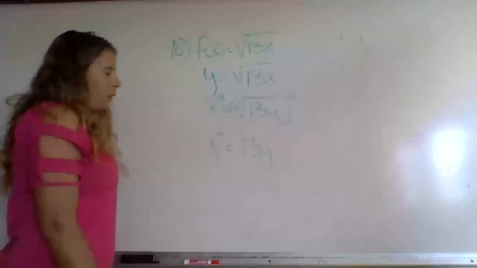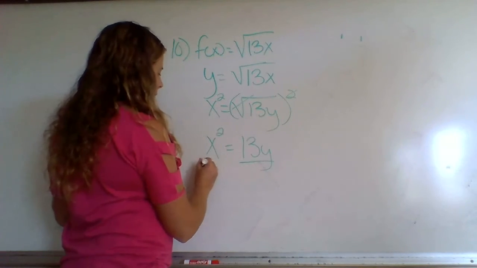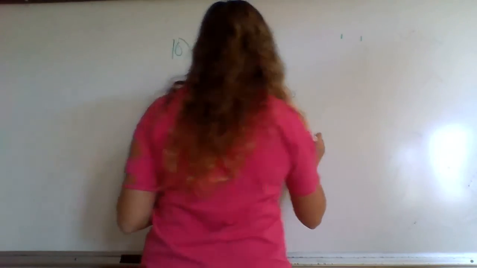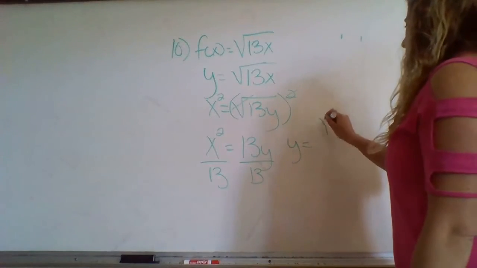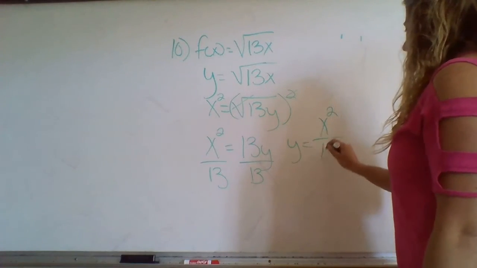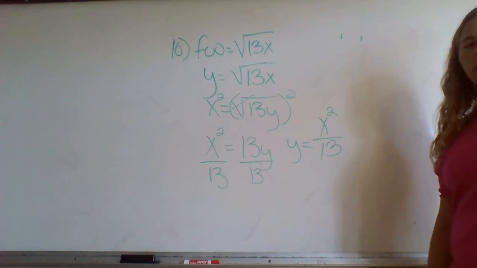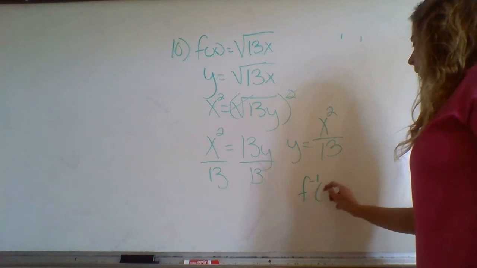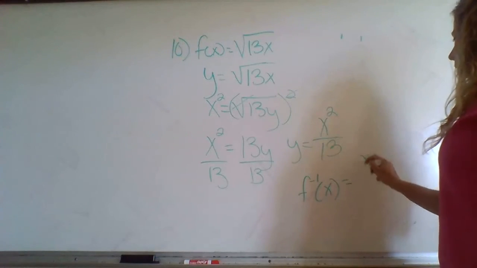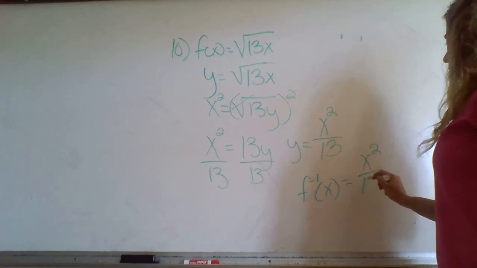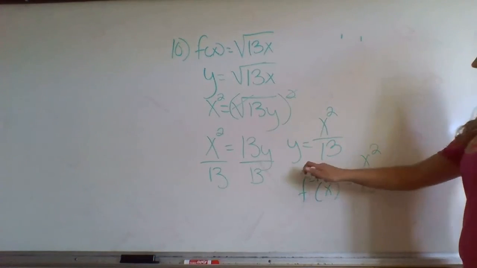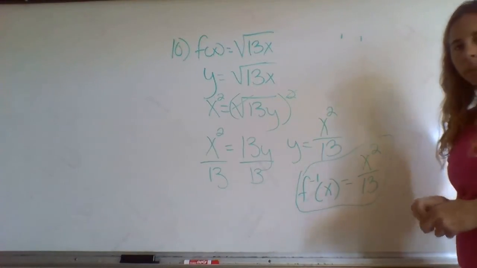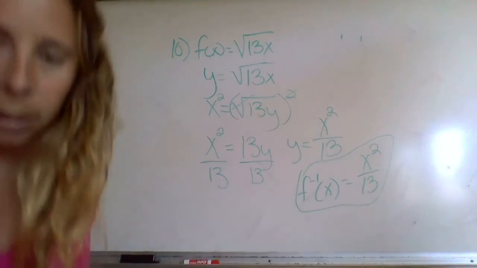We're solving for y, so go ahead and divide by 13. So you get y equals x squared over 13. So f of negative 1 of x is x squared over 13. So that is the inverse of this guy. I'm going to write it down before I erase it.